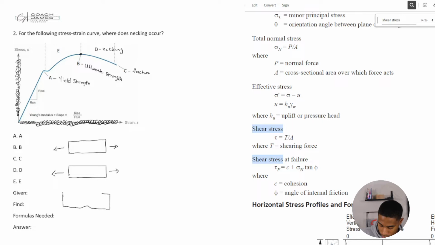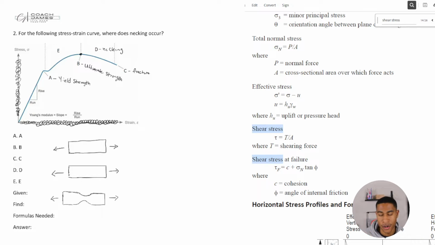And basically, it's you pulling this piece so much that it's beginning to neck, right?